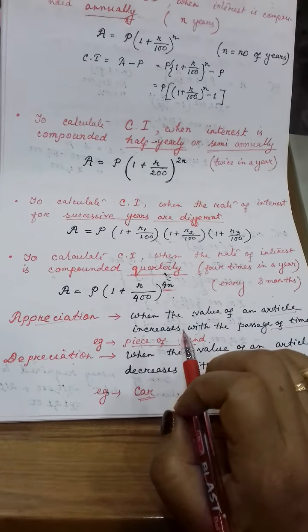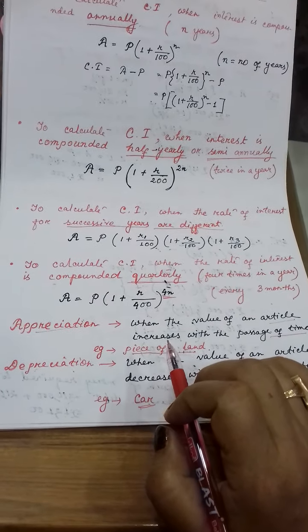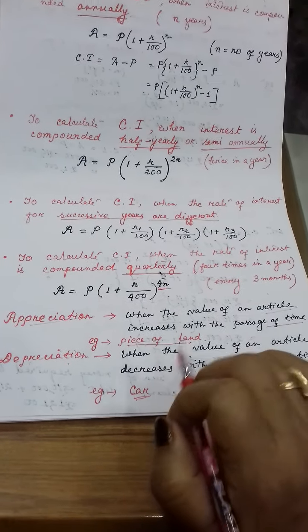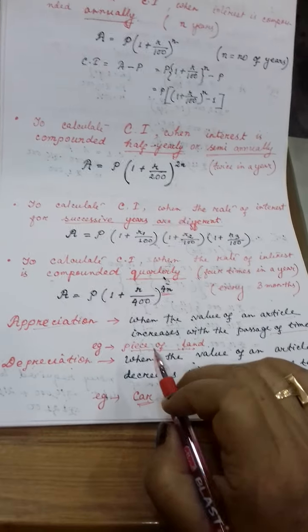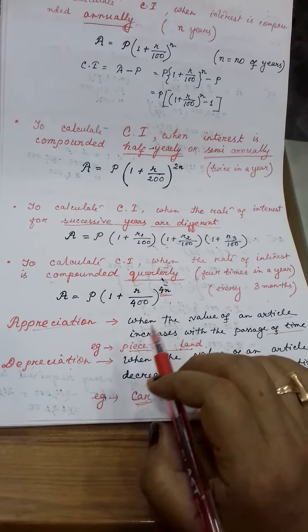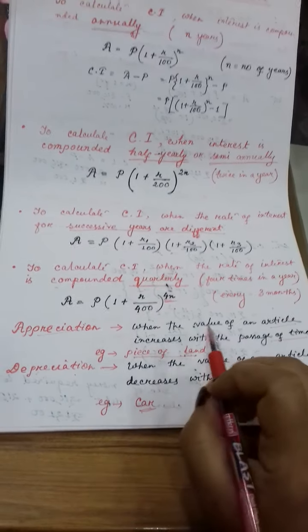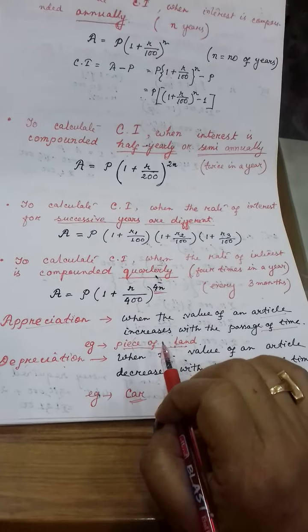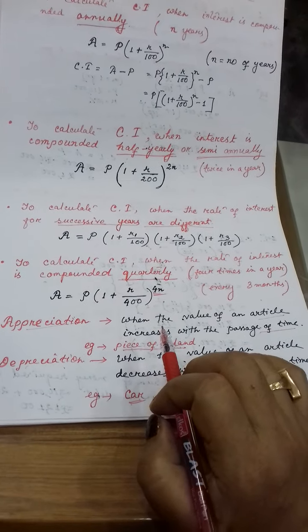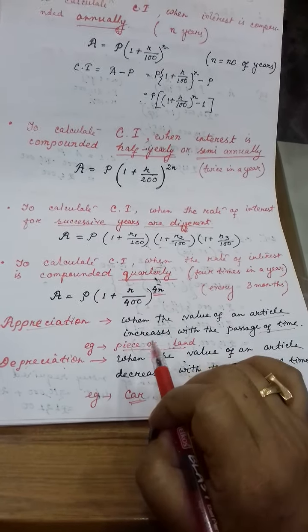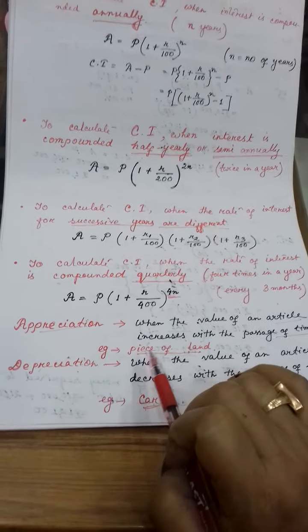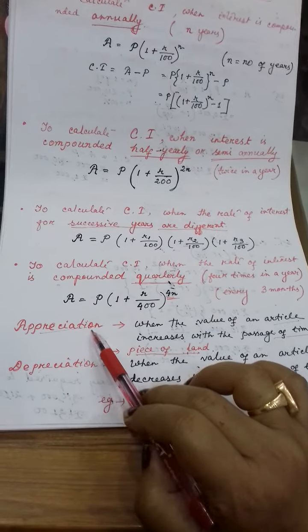When you go for selling the car, you will not get the amount by which you purchased the car. So you have to deduct the amount. Suppose you purchased the car for 4 lakhs. Now when you sell the car, you may not get the 4 lakhs, you may get half, or less than half. So this is the concept of depreciation, and piece of land is the concept of appreciation.